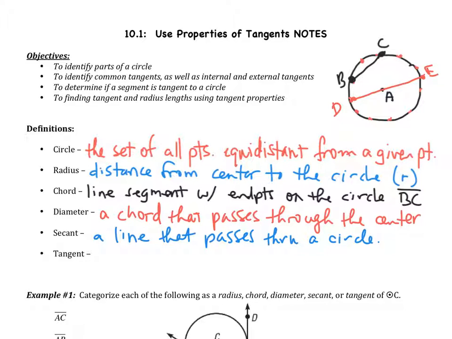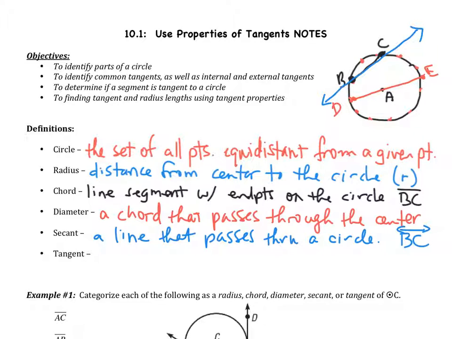The difference here is I'm purposely drawing it over BC, and the reason is the secant BC has arrows on it to designate it as a line, whereas BC, the other one, is a line segment. I will definitely quiz you on the difference between a chord and a secant. I will purposely use the same two letters to make sure that you understand the difference. So remember, chord is a segment, secant is a line.